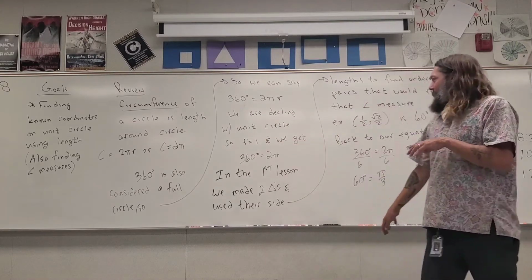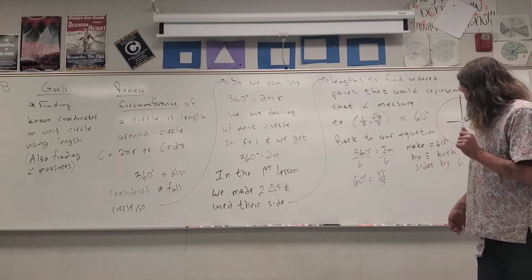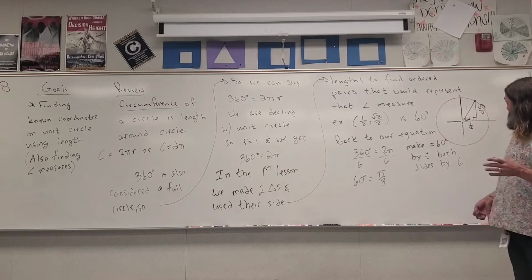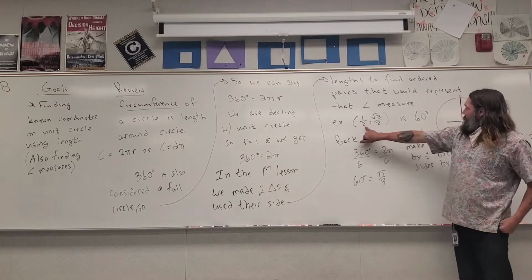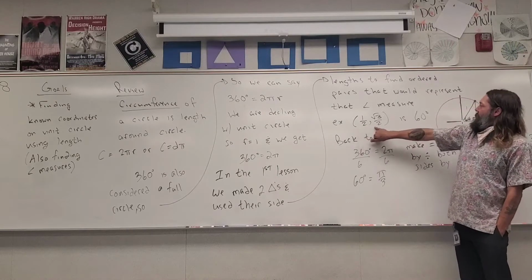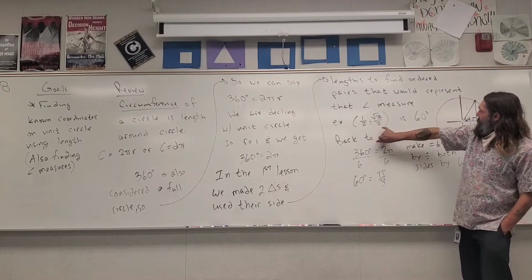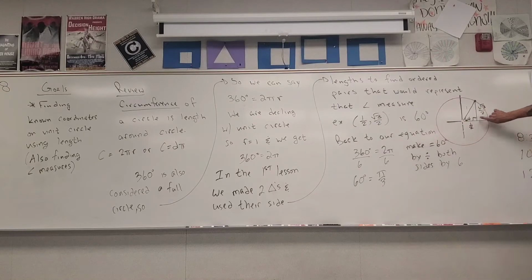All right, so in the first lesson, we made 2 triangles and used their side lengths to find the ordered pairs that would represent that angle measure. An example of this ordered pair, 1/2, comma, radical 3/2, represents 60 degrees, and I found that using this 30-60-90 triangle, where the 60-degree angle was at the origin.